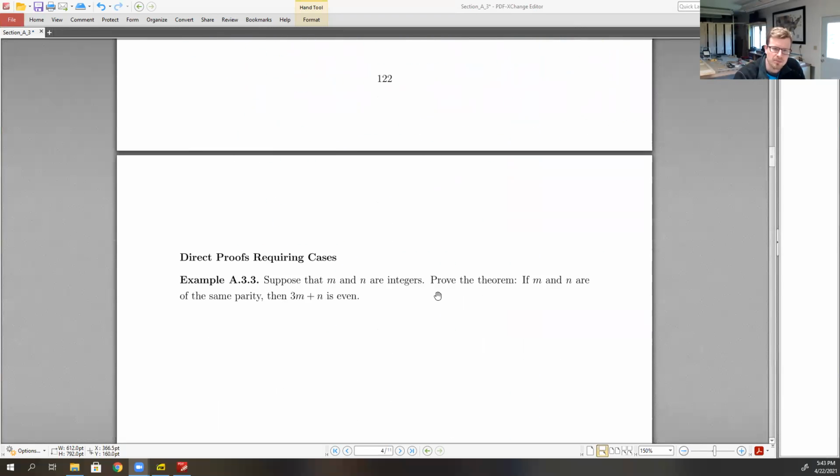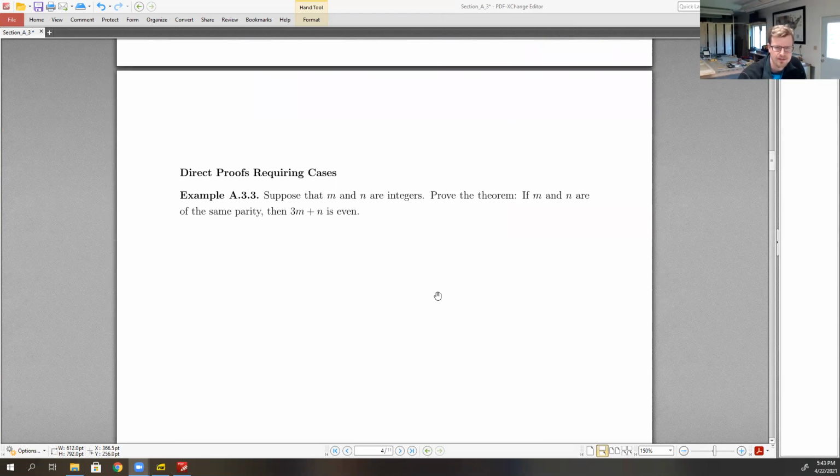So in our example, we're supposing that m and n are integers. If m and n are of the same parity, then 3m plus n is even. Well, of course, if you don't know what parity is, we have a little bit of a problem, and that's okay, right? I don't expect you to know.